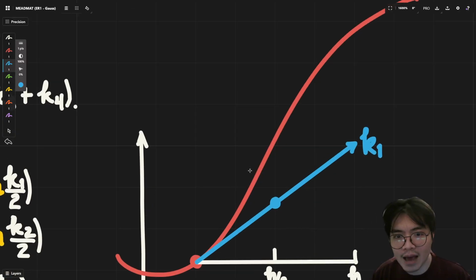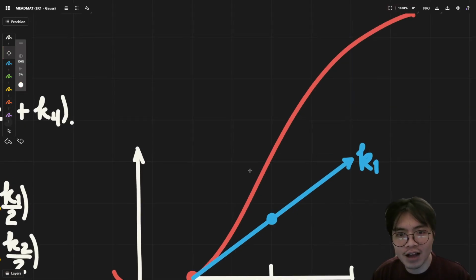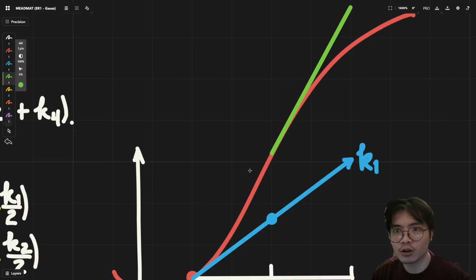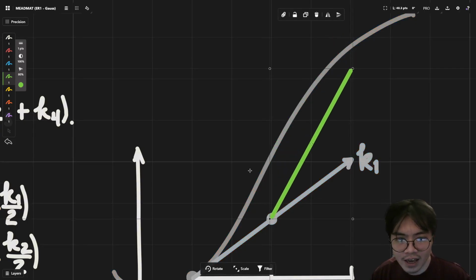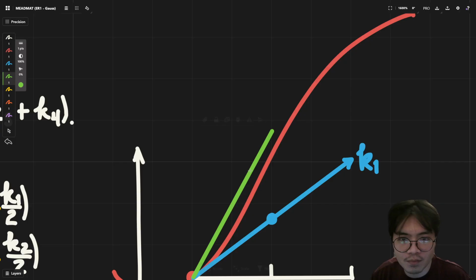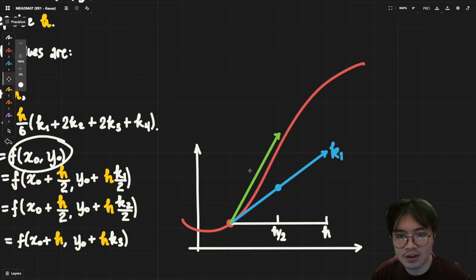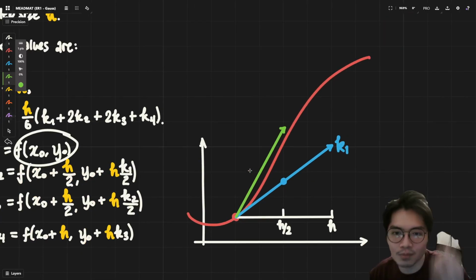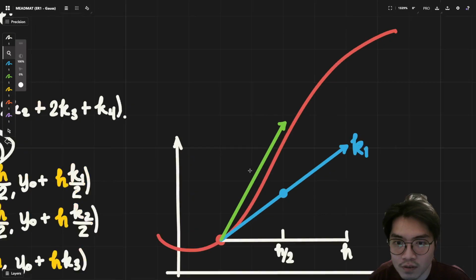And then we will pass on the slope of this point right here down here. So now we are getting two pieces of information. As you can see, it's a little bit higher than our supposed value, right?